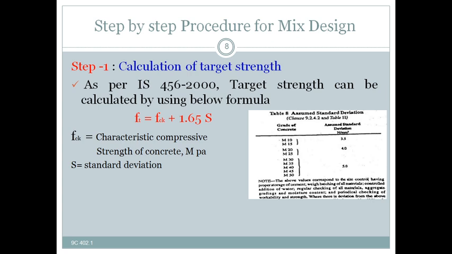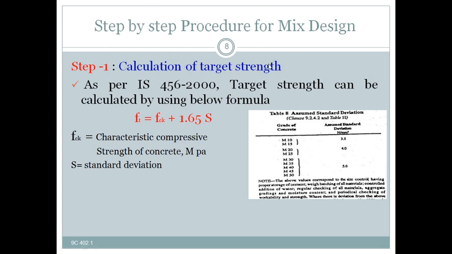Because of poor workmanship, faulty materials, or inferior quality of material, you may not achieve your desired grade of concrete, that is M20. To overcome those problems, we take some deviation. To overcome this deviation, we target some higher strength, which is called the target strength. That is, we are assuming more than the M20 grade, right?